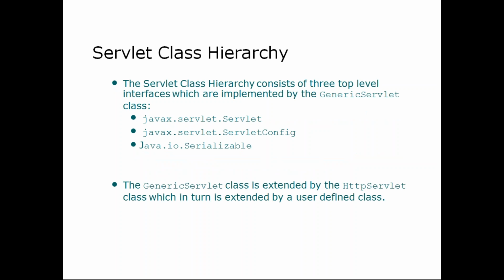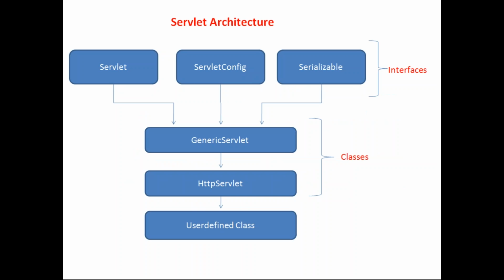Now programmatically, there is a servlet class hierarchy, in which at the top level there are 3 interfaces: Servlet, ServletConfig, and Serializable. All these interfaces are inherited by one class, GenericServlet, and one derived class from GenericServlet is the HttpServlet class, and on the bottom side is the user defined class, which is our servlet code which we are going to write.